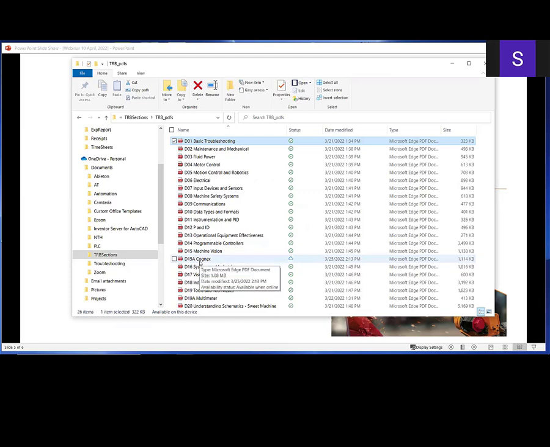The Cognex section, as I mentioned here in this list, when I have something like an A document, that means I added the document after the book was published. My intent is that this book can be revised very easily by changing the individual sections. Later down the road, I may have to decide, do I want to put Cognex or Keyence specific information in with the machine vision section? Is that a smart thing to do?